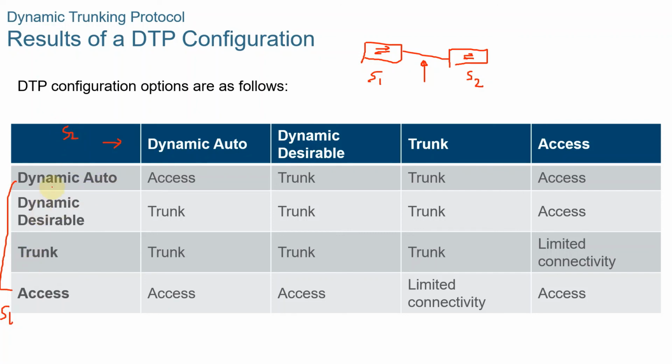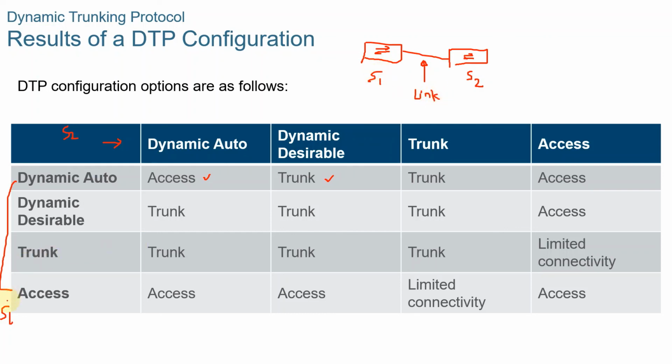Okay, if switch 1 is in dynamic auto, and switch 2 is also on dynamic auto, that would give you an access mode. Okay, if switch 1 is dynamic auto and switch 2 is set to dynamic desirable, that would give you a trunk. So this link here will become a trunk.